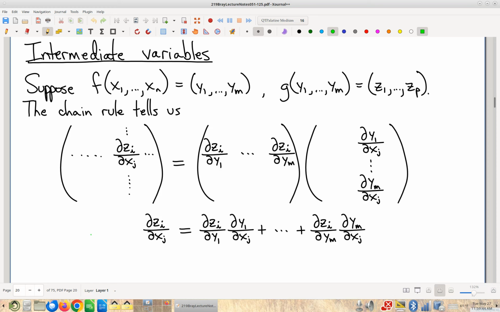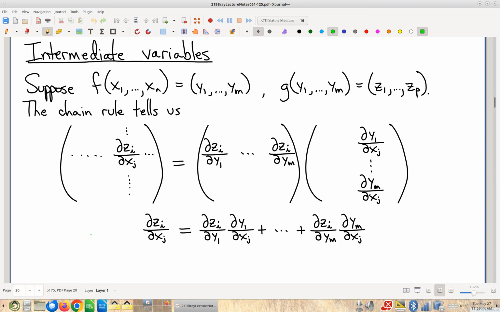In fact, let me highlight that. The outs from f are the ins to g. And so you can make your own diagram, a pretty immediate consequence. This is the diagram of the variables, and so f takes the x's to the y's, etc., etc. Quick pause. I am a tremendous believer in drawing these diagrams. The diagram keeps track for you of what variables are playing what role. In particular, you don't have to rely on the algebra once you've got the diagram written.